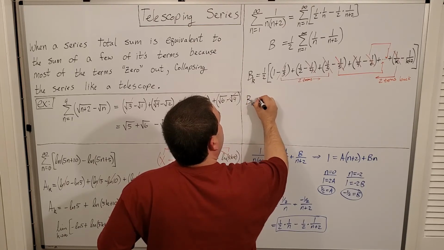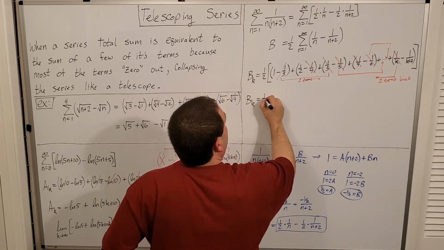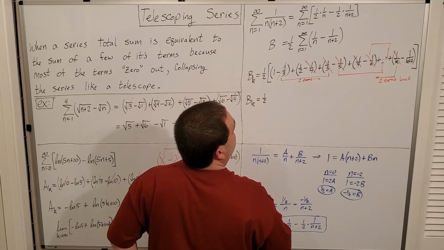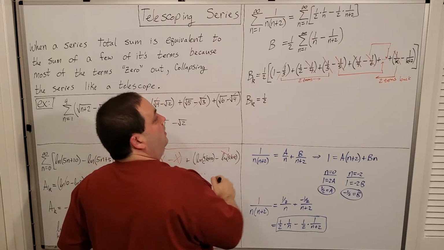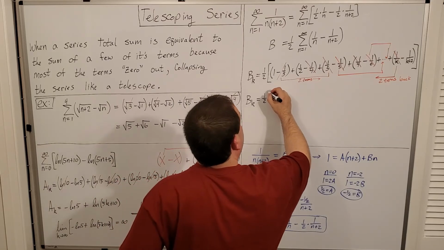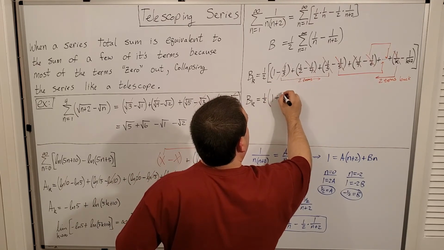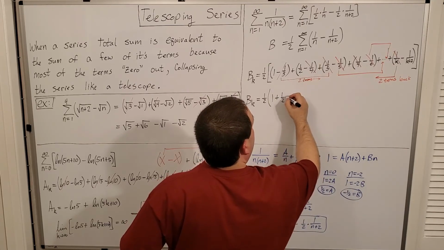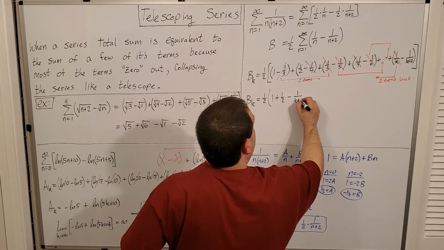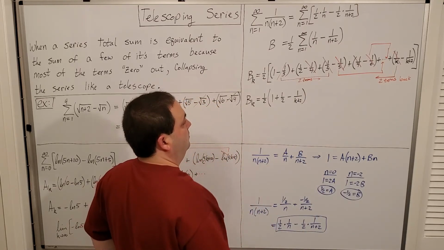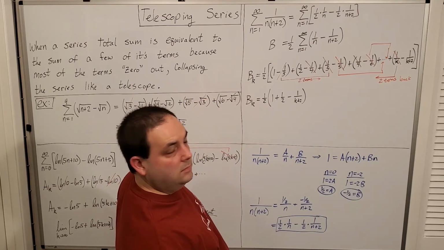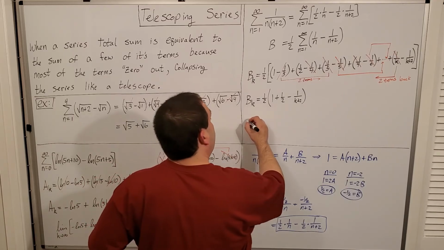b sub k is equal to 1/2 times, I have 1 plus 1/2, and then I've got the minus 1 over k plus 2. Okay? So now do the limit.